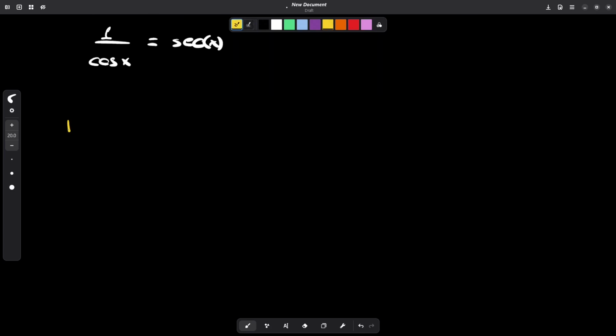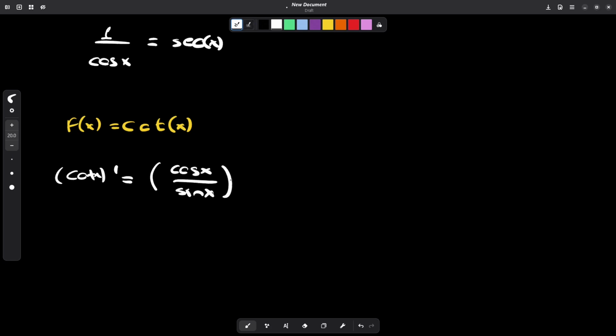Last function, cotangent of x. Let's differentiate this function. Again, we need to write it in a different form: cosine x over sine x. Let's differentiate by division again.